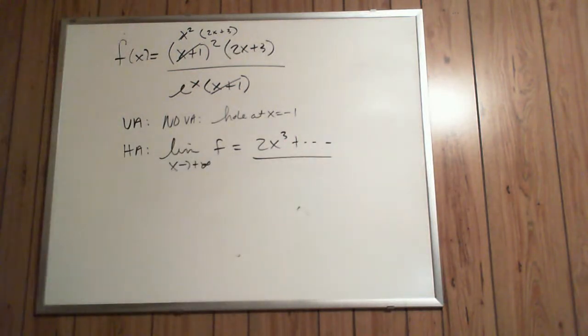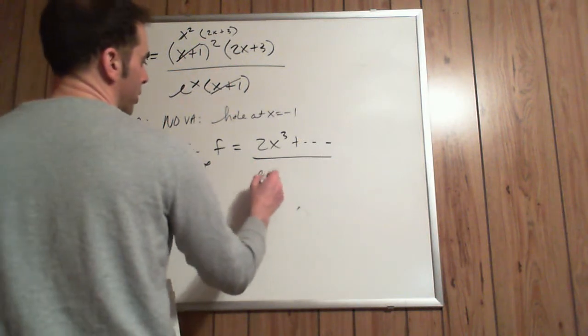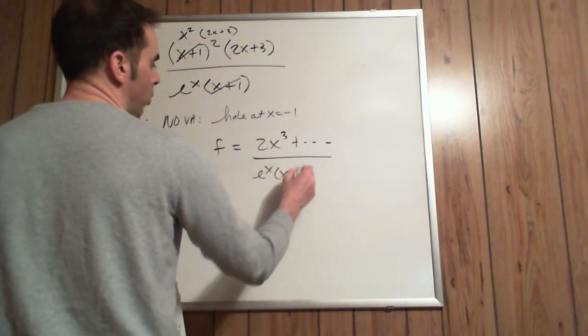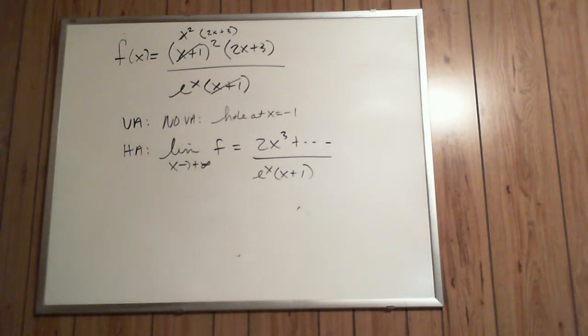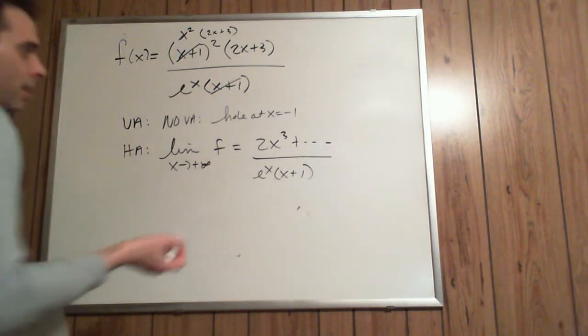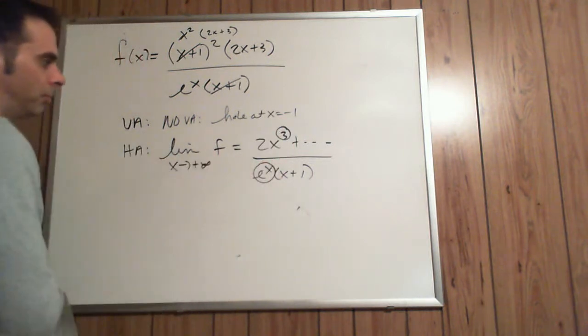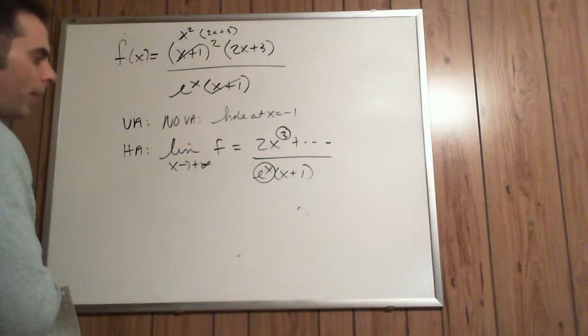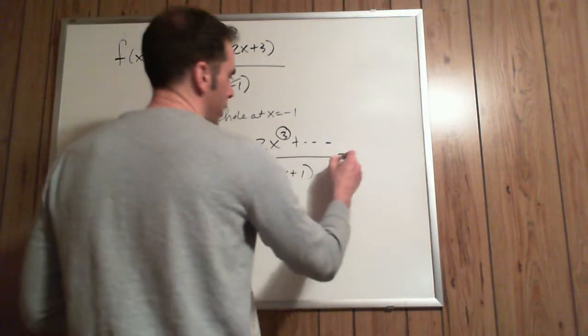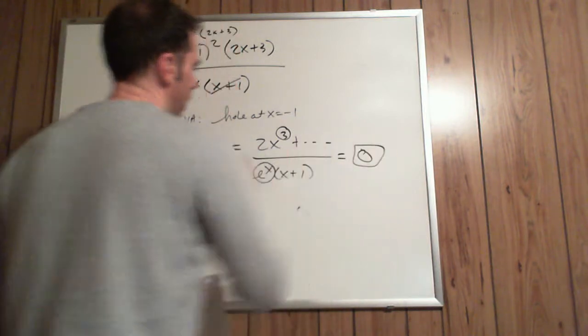And on the bottom, I'm going to have just this, e to the x times x plus 1. I can't simplify that really anymore. So towards positive infinity, this dominates on top, this dominates on the bottom. The bottom wins, so it's going to be equal to 0 in that direction.